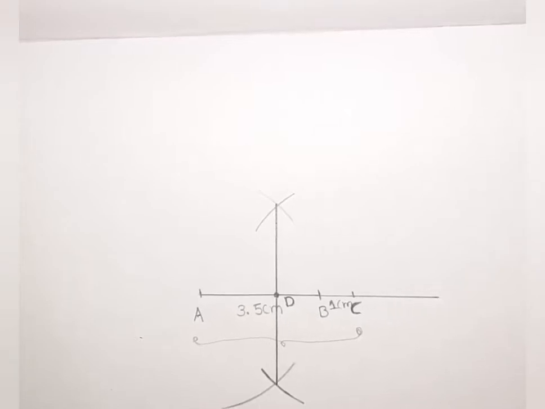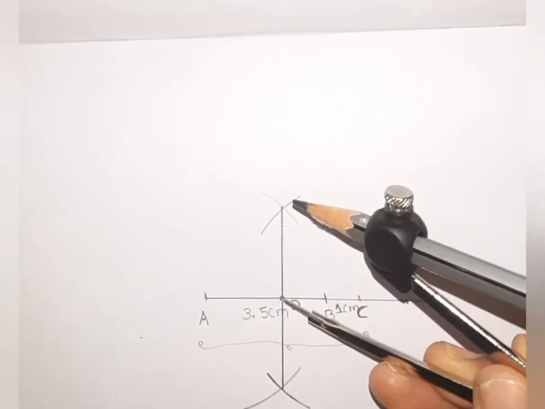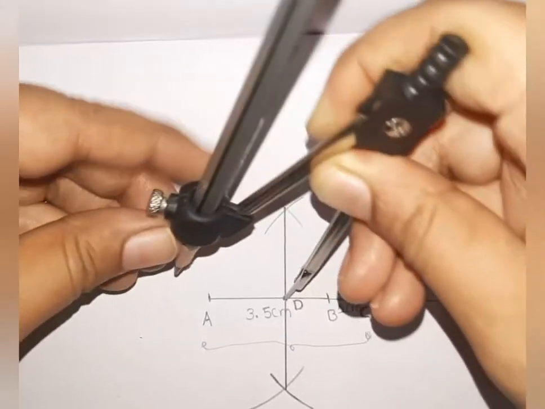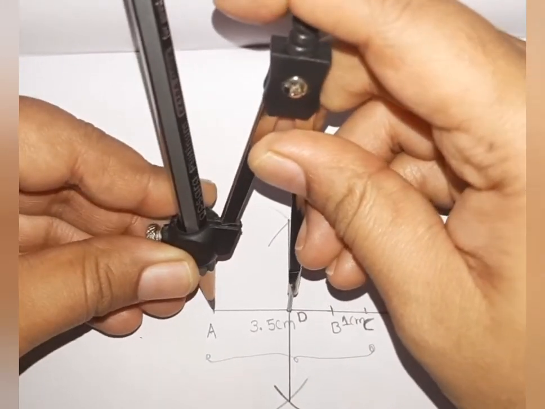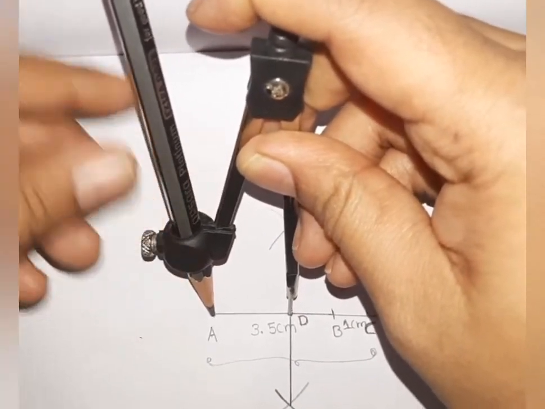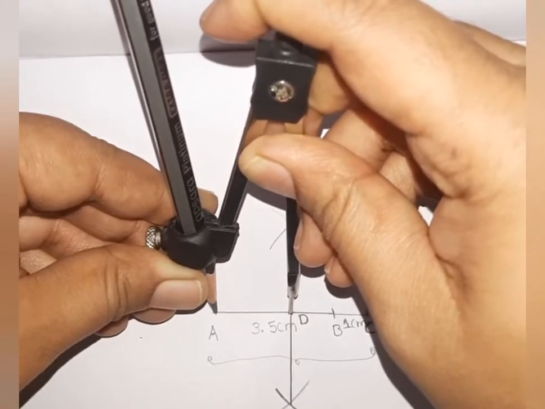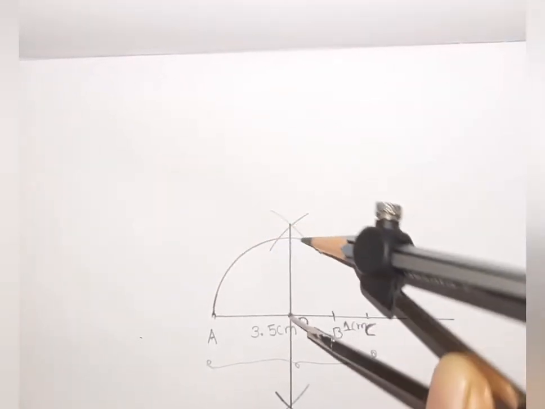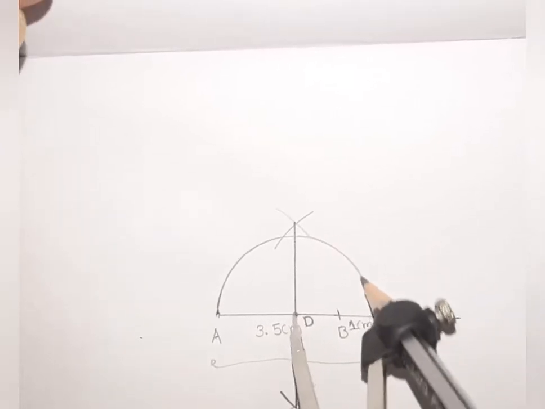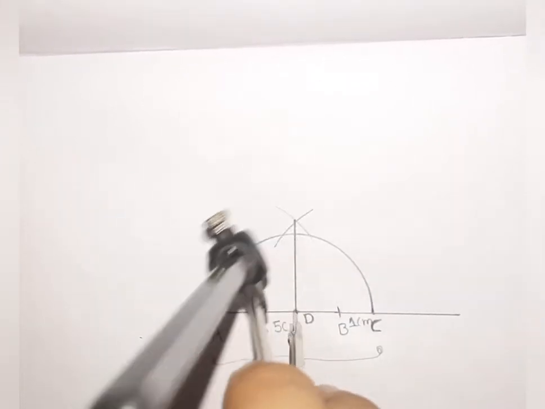So next, keeping the pointer at D point, extend up to A or up to C. Next, draw a semicircle like this.